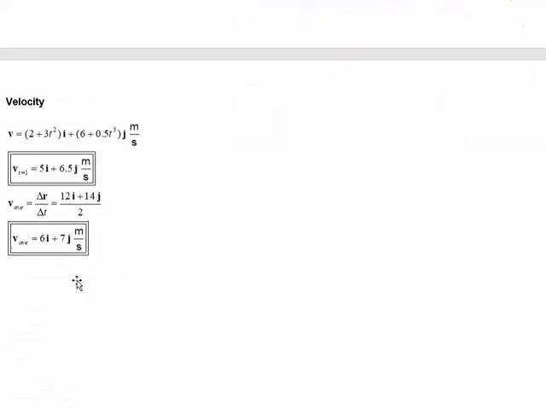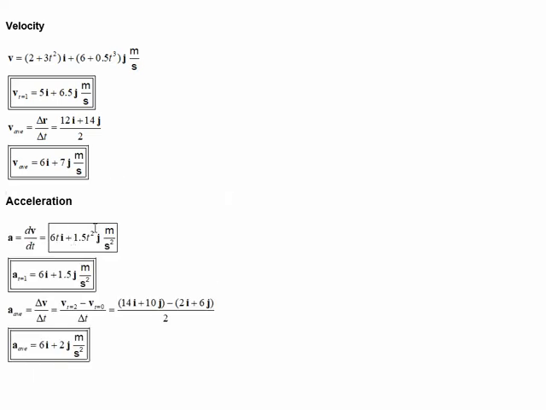All right, so next, velocity. Velocity was given in the problem, so it's not a big deal. We just write the velocity equation, plug in 1 second, get that, find the average velocity, which is displacement over change in time. We know the displacement, so we get the average velocity. Then we can get acceleration. So acceleration is the time rate of change of velocity.